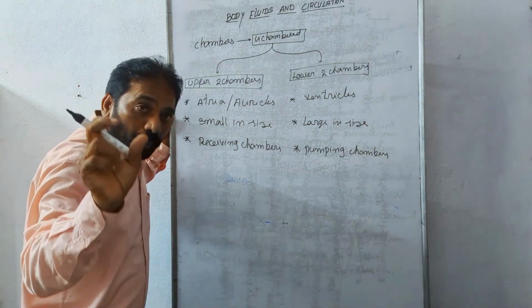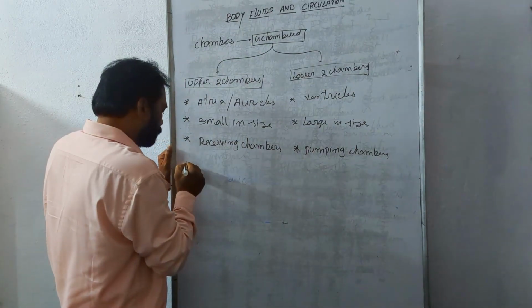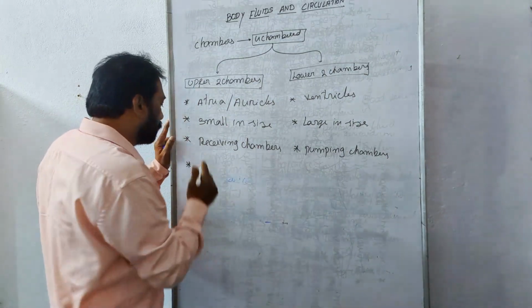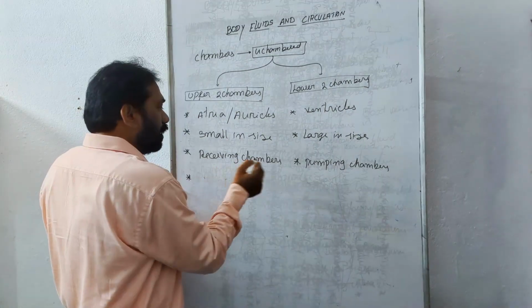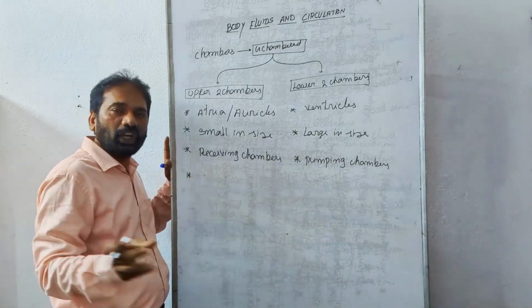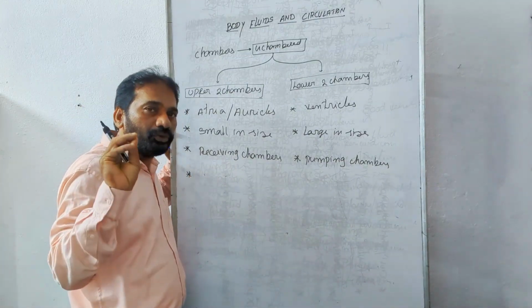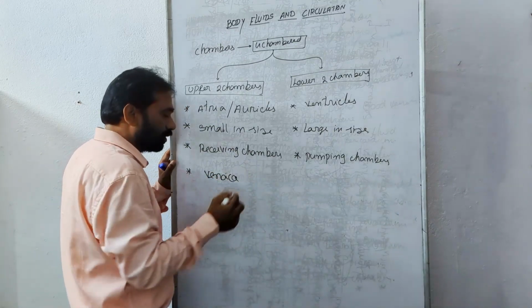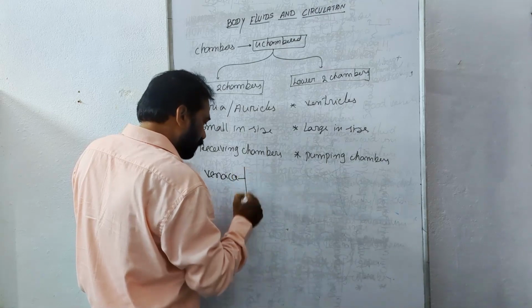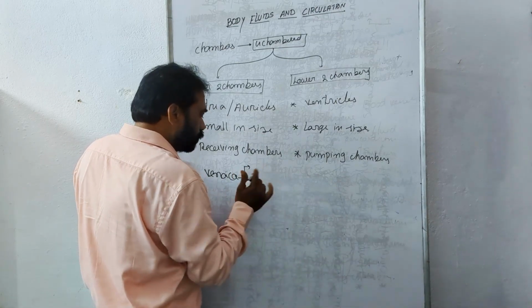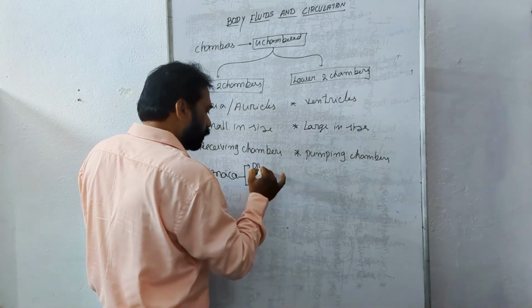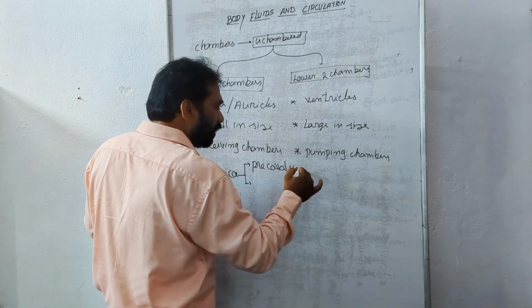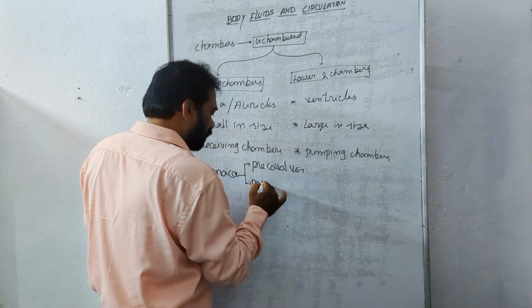These receiving chambers receive blood from vena cava, those are two: pre-caval vein, post-caval vein.